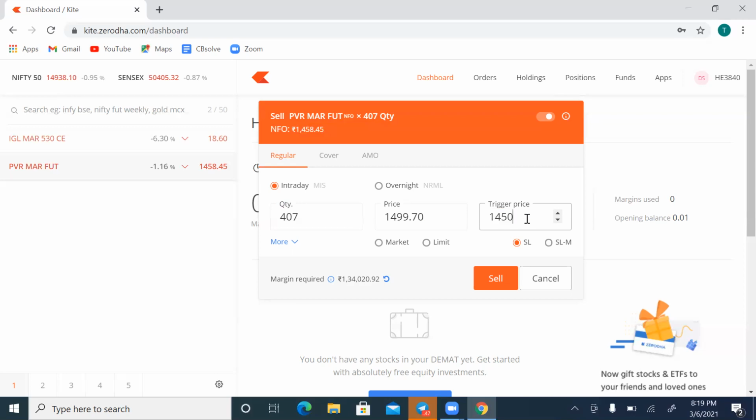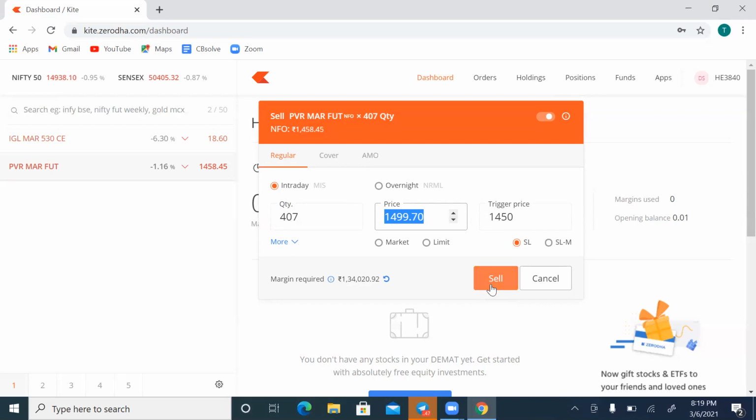If after 1450 it directly jumps to 1447, your trade will not be executed, because we instructed the exchange to execute our trade between 1450 and 1449.70. Between these two prices only, if there is any bid, our trade will be executed.